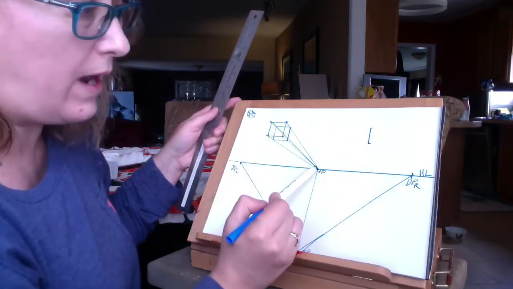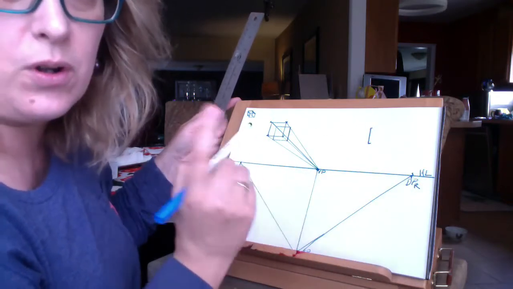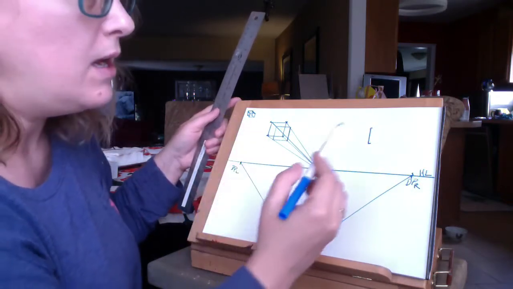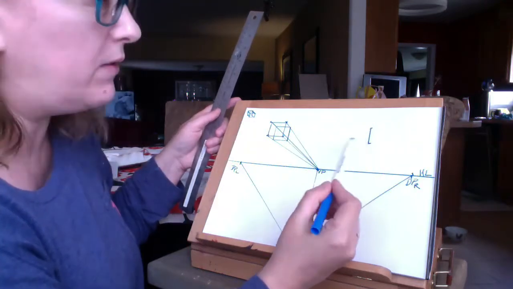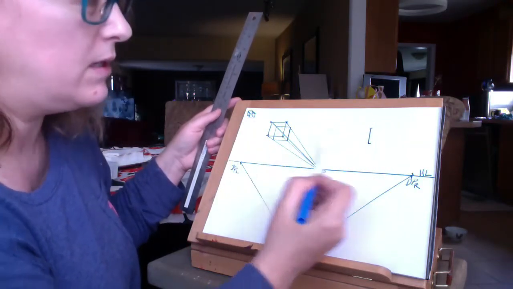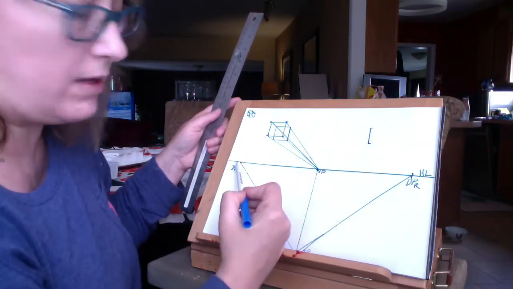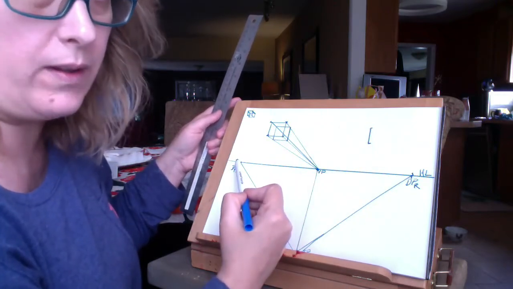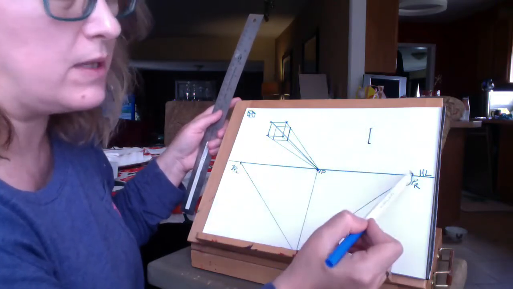So in 1 point, I vanished everything to the central vanish point. In 2 point, I'm going to vanish everything to 2 separate points. So top and bottom to the DP left, distance point left, top and bottom to the distance point right.